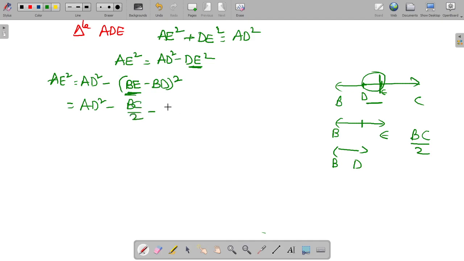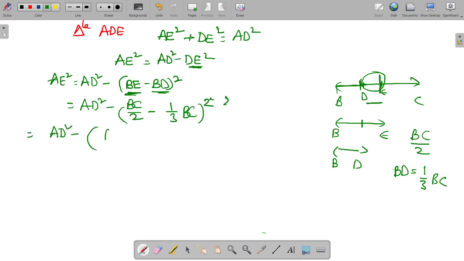BE minus BD. What is BD? It is given BD is equal to 1/3 BC. Substitute: AD square minus BC by 2 minus BC by 3 whole square.